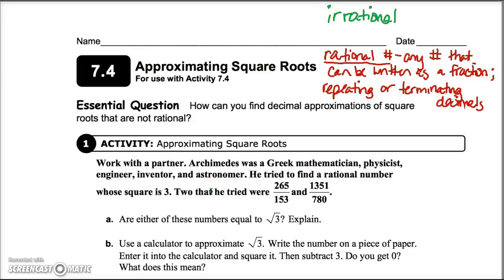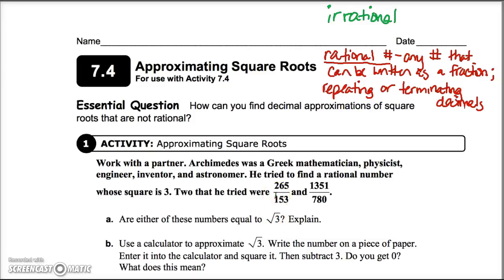If we look down at activity 1, part A, again we're talking about Archimedes, and he's trying to figure out a rational number whose square is 3. He tried these two numbers, 265 over 153 and 1,351 over 780. On part A, they want to know: are either of these numbers equal to the square root of 3?